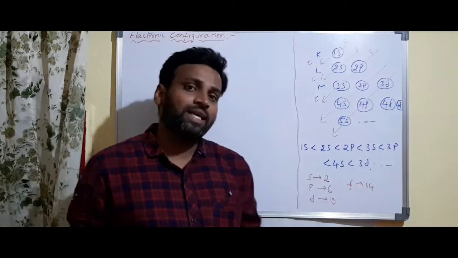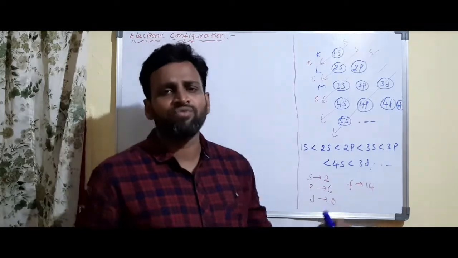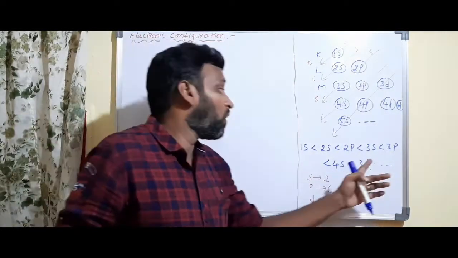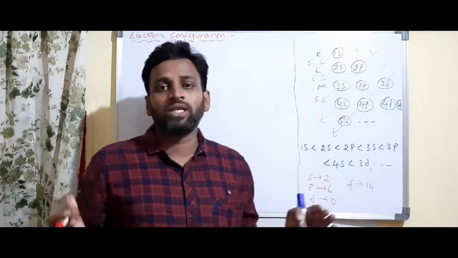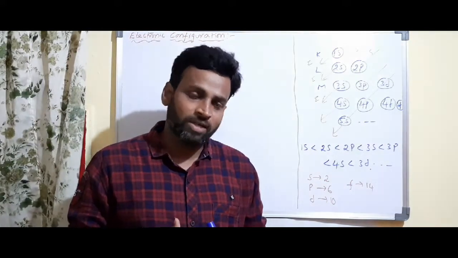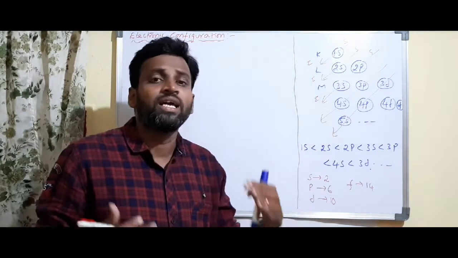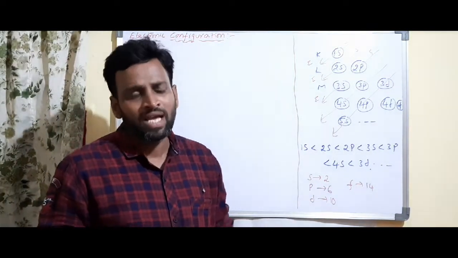Any d subshell can have a maximum of 10 electrons. Any f subshell, 4f, 5f, 6f, will have a maximum of 14 electrons. Getting what I am saying? Any d subshell, 3d, 4d, 5d, will have a maximum of 10 electrons.